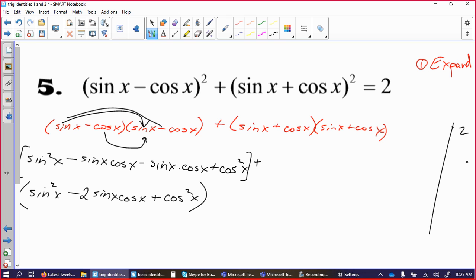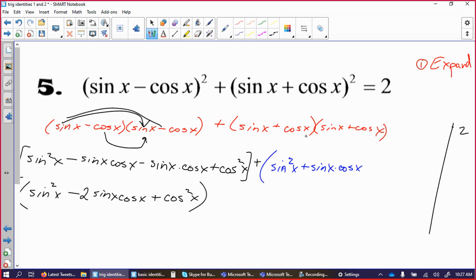Right-hand side. If I have a trig identity that has a number as one of the sides, just leave the number alone. Probably going to work out for the best. Let's go here. Sine times sine is again sine squared x. Sine times cos is now plus sine x cos x.